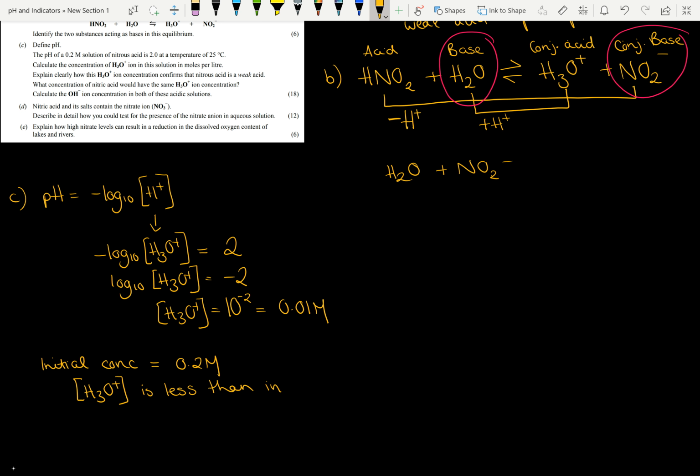So the concentration here is 0.01. The initial concentration was 0.2, so it's less than the initial. And what does that mean? That means that it has only partially dissociated, which means that it's a weak acid.